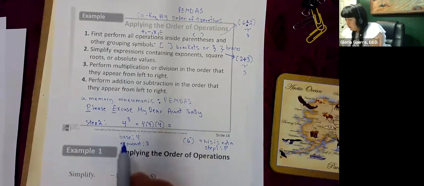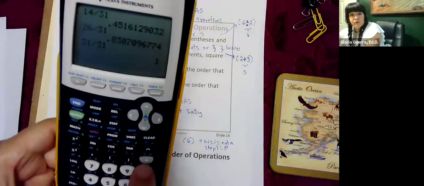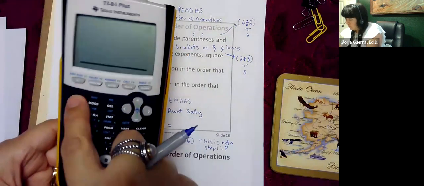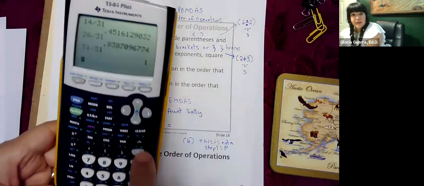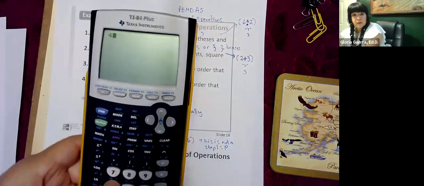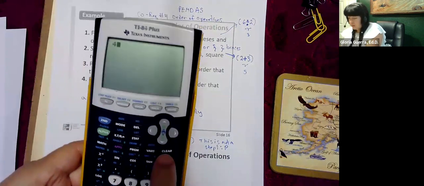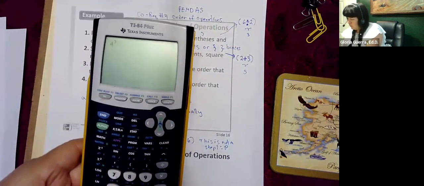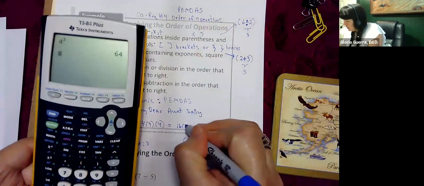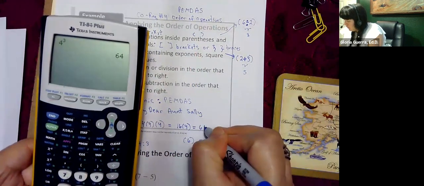And usually you have a little key on your graphing calculator, this little hat key. So I hit 4, then I hit this little hat key, and then 3. So 4 times 4 is 16, and then 16 times 4 is 64.